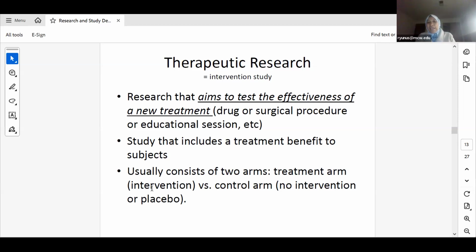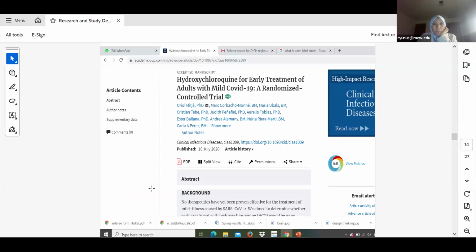You understand this. If there is a new therapy, new drug, or new surgical procedure, and you as a researcher want to do a study to see whether this new treatment is really effective, does it really work to cure a certain disease, then when you conduct this kind of research, it is called therapeutic research. The design can be RCT, quasi-experimental, or even a prospective cohort, for instance.